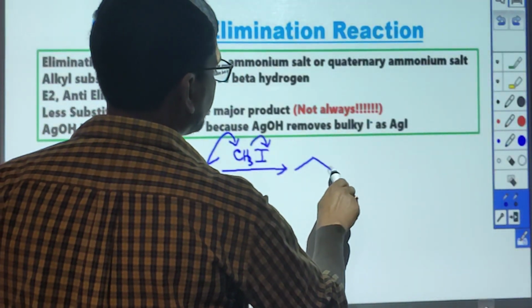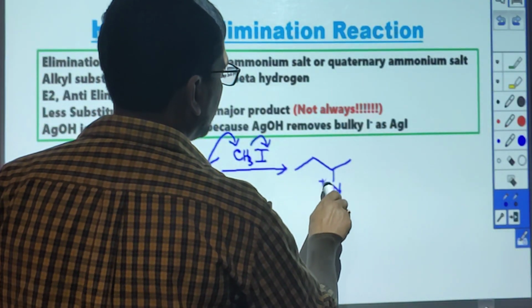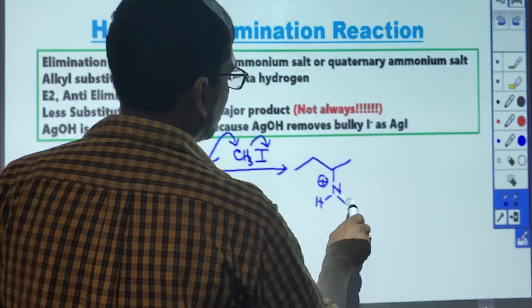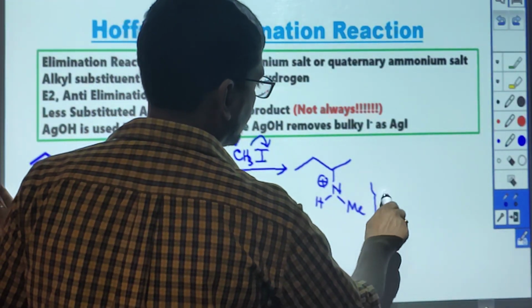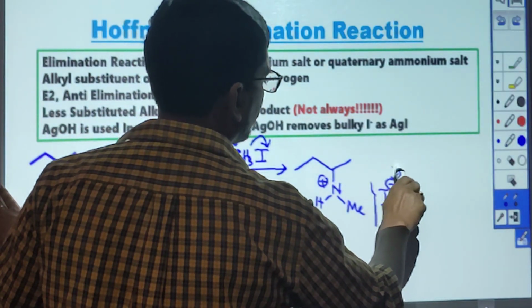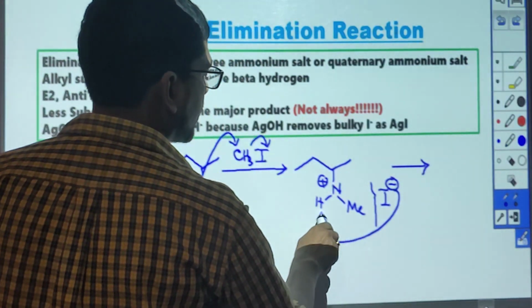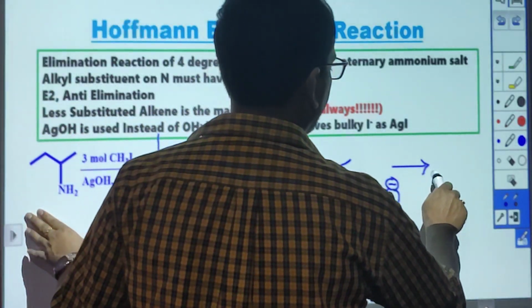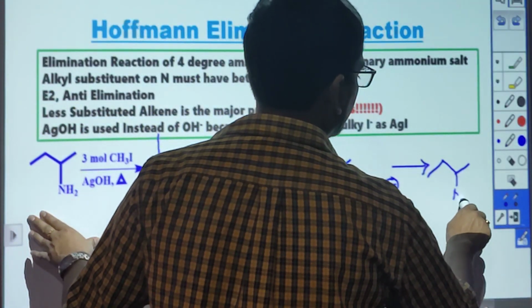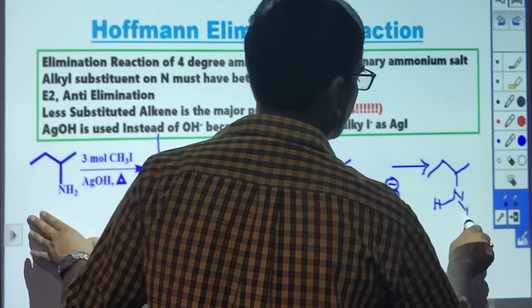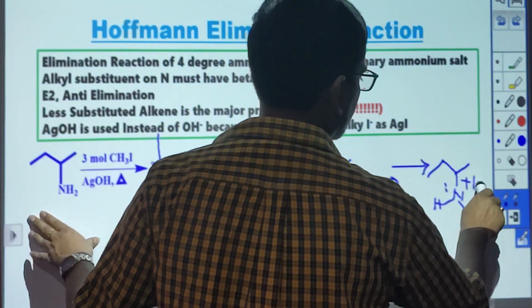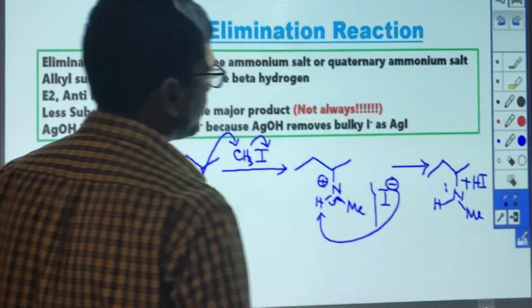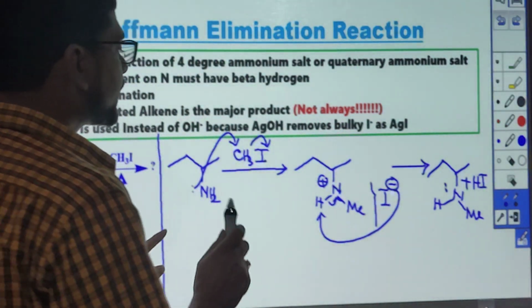So what we will get is this. I minus grabs this proton and forms this amine plus AgI. In the next step, what will happen?